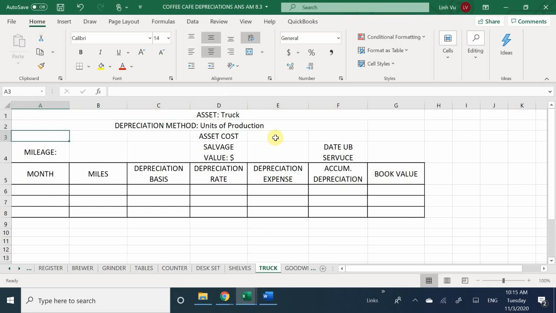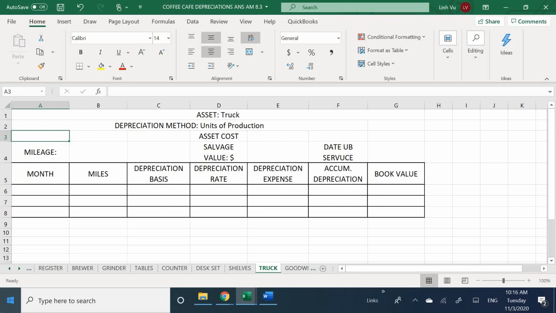Now, how do I know what my asset cost is? Yes, it is the amount when we purchase it. If I'm not mistaken, that's 30,000? Okay, so you're guesstimating it's 30,000. I have to refer to my notes.